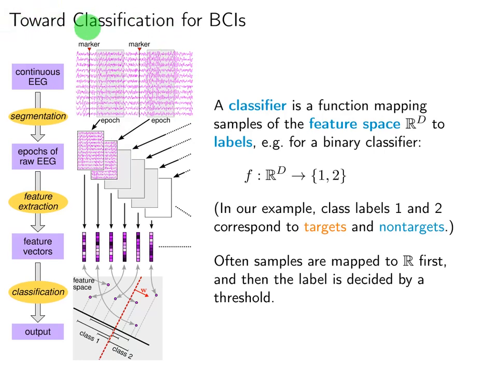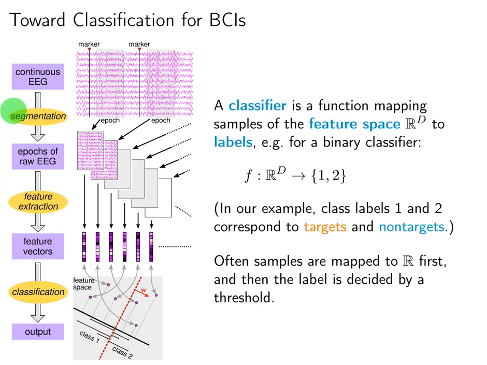The entire pipeline of the BCI classification can be summarized in these figures. Okay, so first we have a continuous EEG acquired from an experiment. It can be the Oddball paradigm.